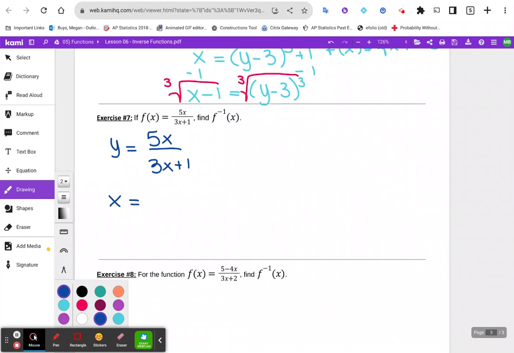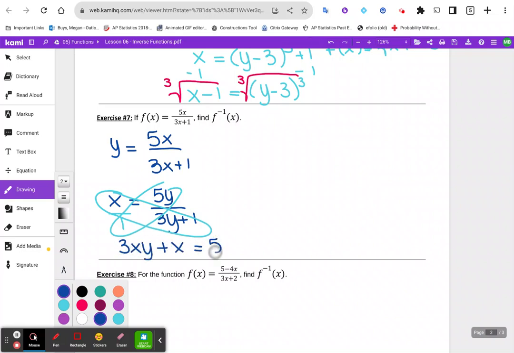I'm going to change x and y, which means I'm going to rewrite every piece to be y in this case. And whenever you're dealing with fractions like this, I'm going to stick that x over 1 because then we can cross multiply. I'm going to be looking at 3xy plus x equal to 5y.